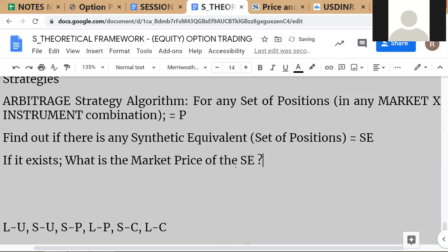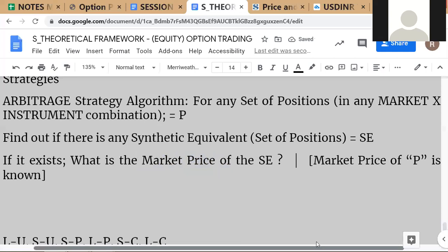And because that is a market, and P is already a position in a market, the market price of P is already known because we can observe the market. Market price of P is known.